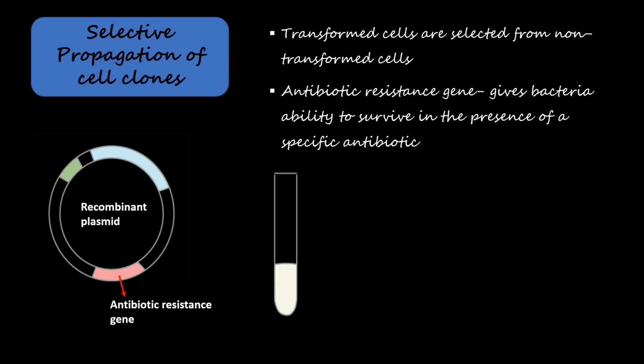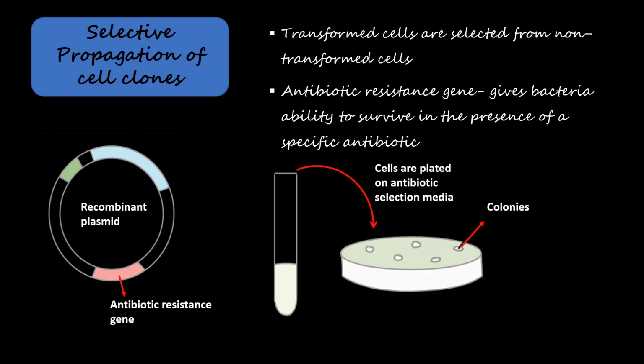Therefore, when plated on an antibiotic selection media, bacteria which do not have the plasmid construct will not survive, and the bacteria which have the plasmid construct will give rise to colonies.